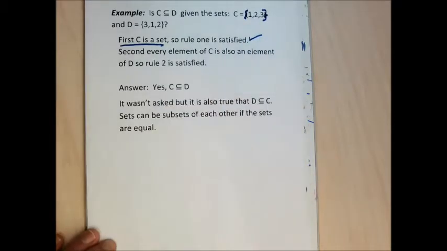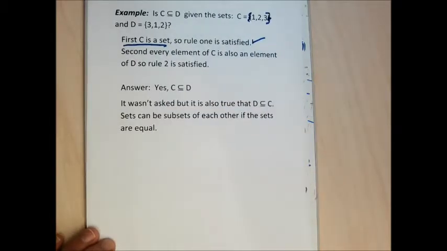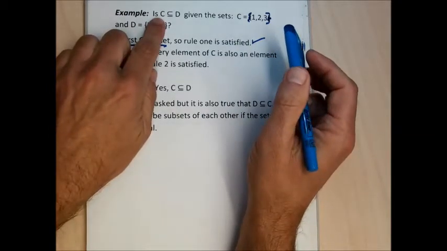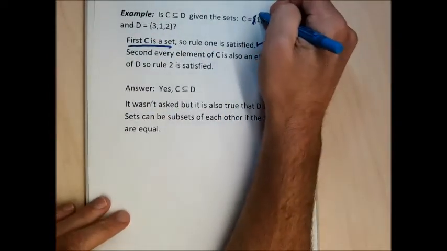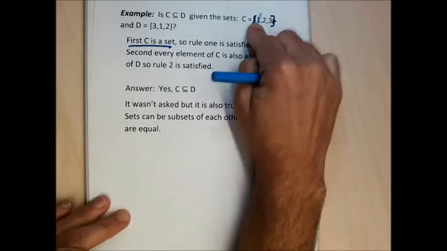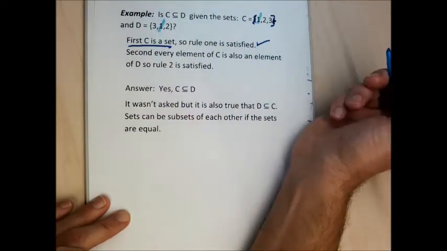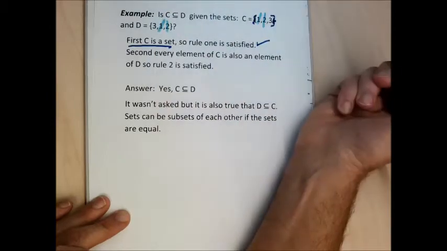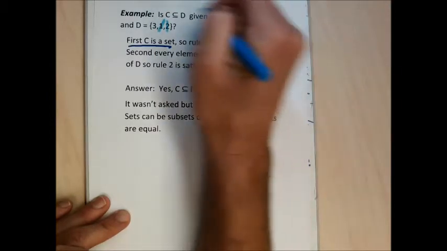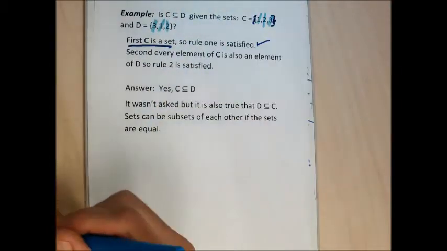C is a set, and to be a subset, you have to be a set, and every element in the left set has to be in the right set. So to see if C is a subset of D, every element in C has to be in D. Well, 1 is in C, 1 is in D, so 1 is not a problem. 2 is in C, 2 is in D, that's not a problem. 3 is in C, 3 is in D, that's not a problem.